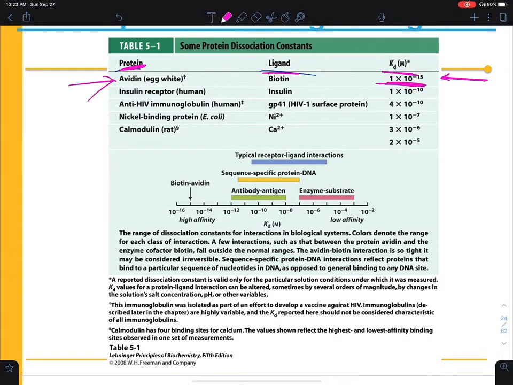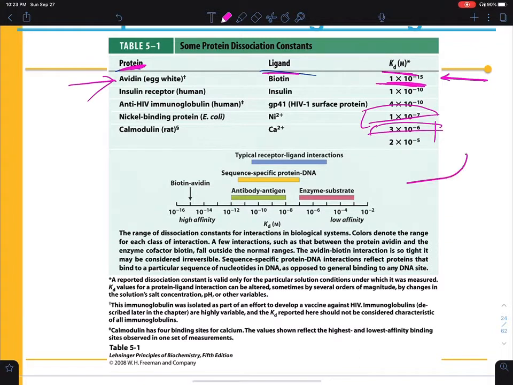So this KD is at 10 to the minus 15, which gets into, I can't even describe what that is. Nano is 9. What is it? Pico is 12. So I don't know what 15 is, but it's pretty freaking tight, right? Versus some others that are in the 10 to 7 or in the micromolar range, right?